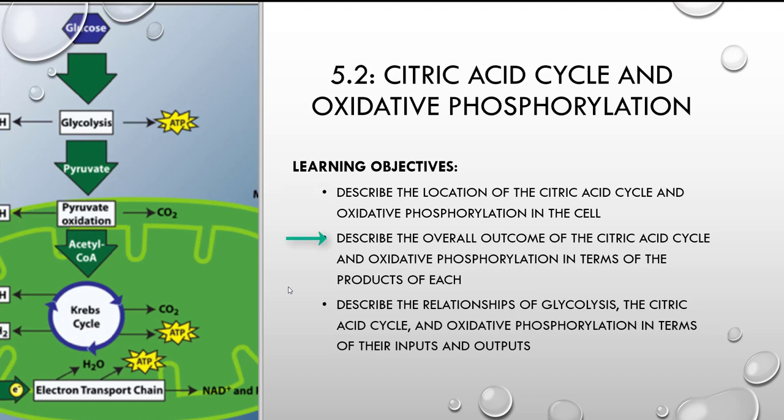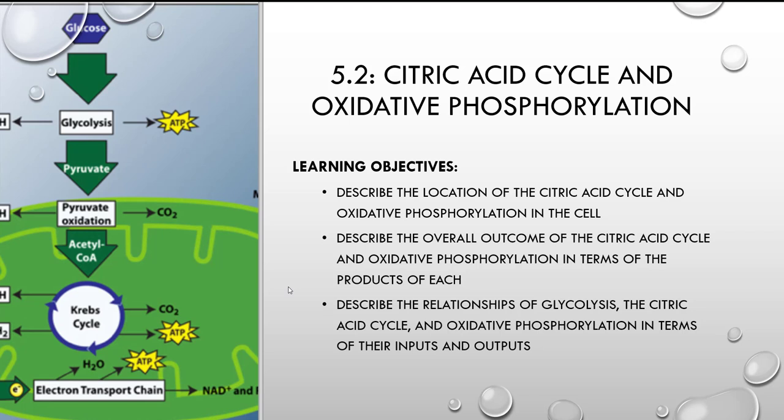You should also be able to describe the overall outcome of the citric acid cycle and oxidative phosphorylation in terms of the products of each, as well as describe the relationships of glycolysis, the citric acid cycle, and oxidative phosphorylation in terms of their inputs and outputs.